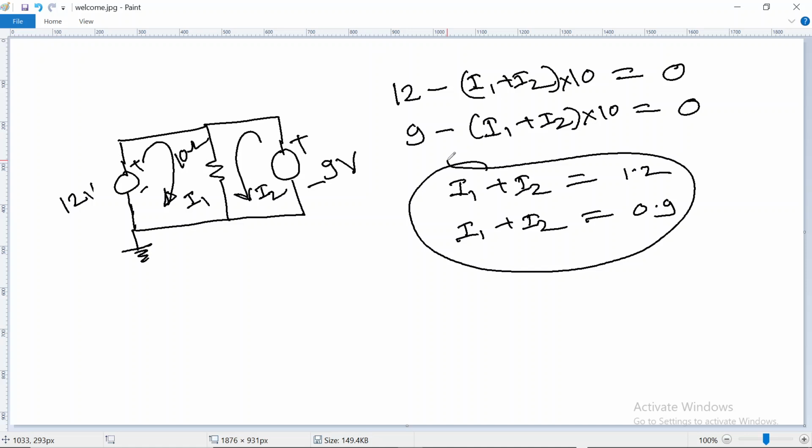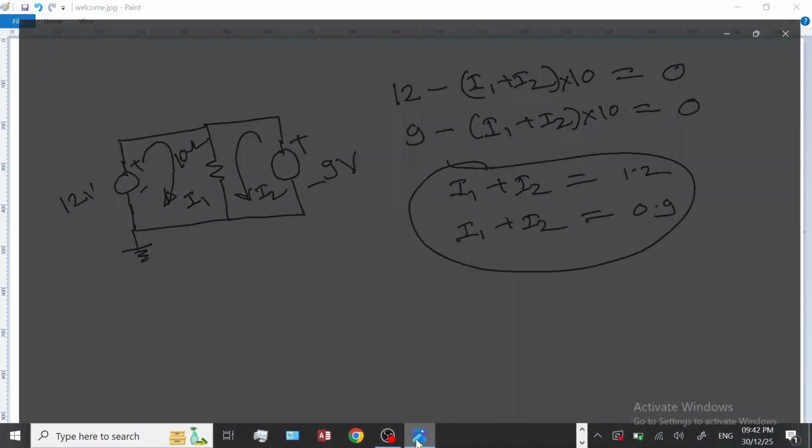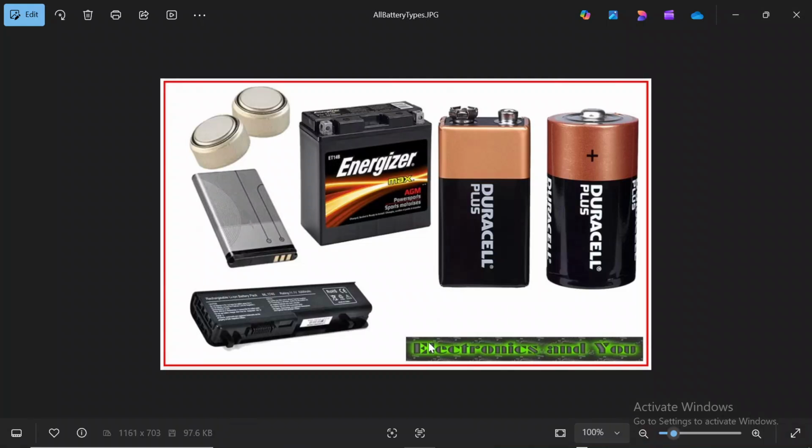Why so? Because we are not considering the internal resistance of the battery. All types of batteries should have some internal resistance while supplying the voltage, and you can get more information about internal resistance of different types of batteries from the web or ChatGPT.